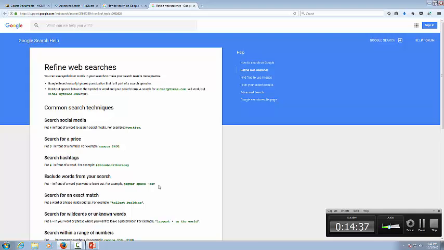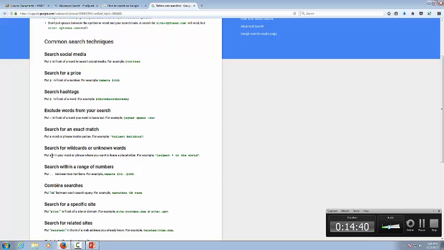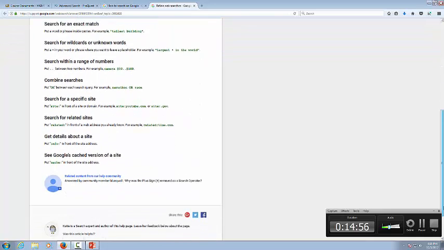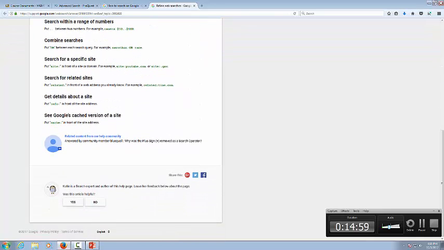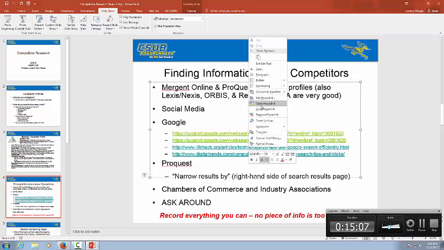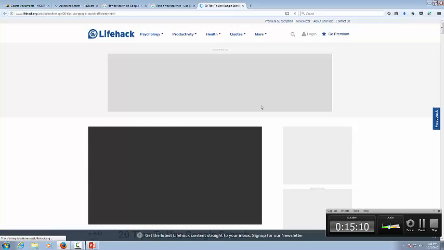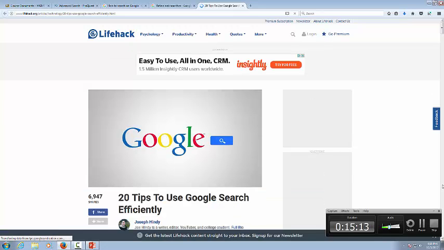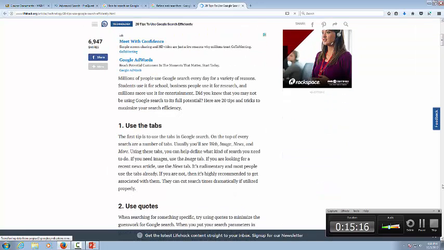Quotations are always useful. The asterisk as a wild card is a good resource to use to broaden your searches to include any of a number of different terms that the asterisk can represent. There's a number of other tips here as well to help you do better Google searches. And then I've also given sort of two non-Google sources, Lifehack.